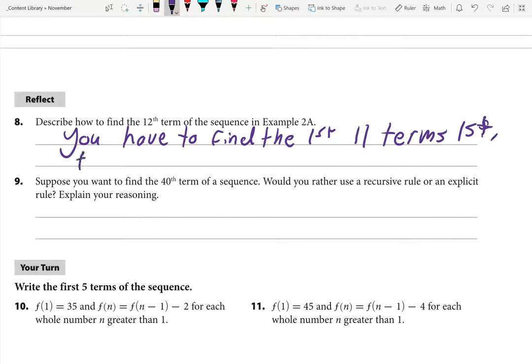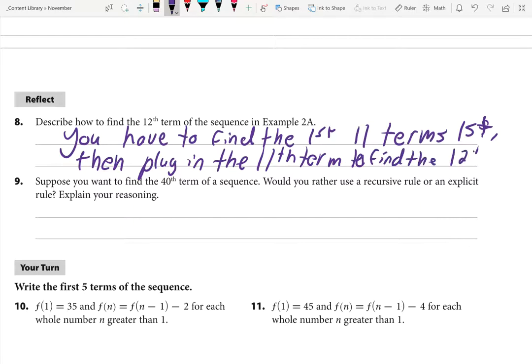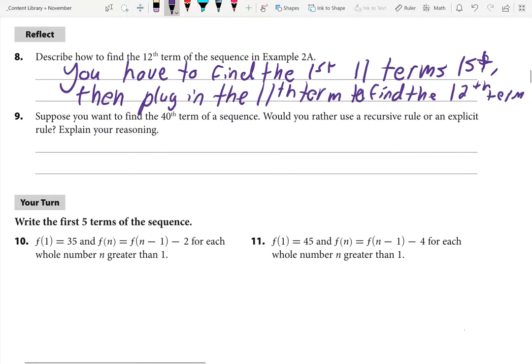Okay, then plug in the 11th term to find the 12th term. Okay, sorry for the sloppy handwriting. Again, I'm doing this with the screen kind of vertically, so it makes it a little harder on my wrist, but it's fine. I read it to you, it's all good.